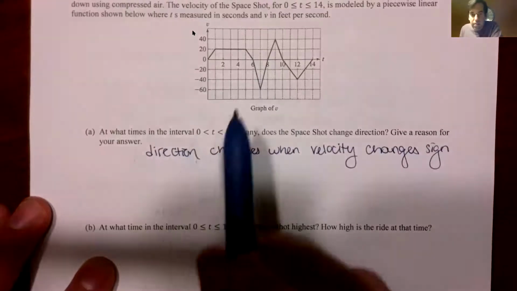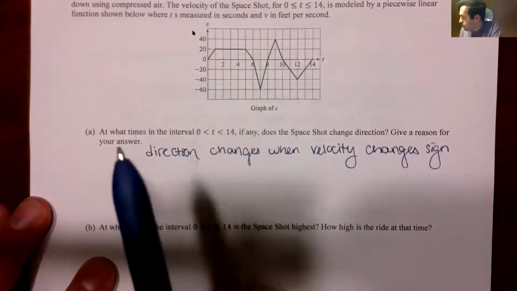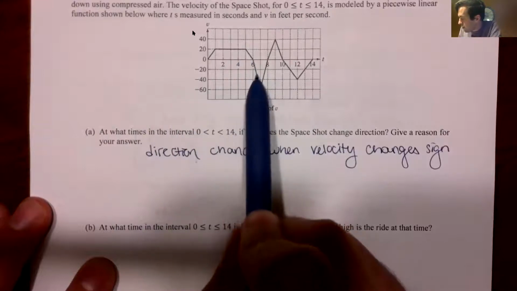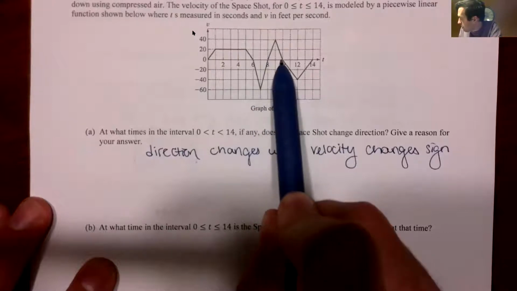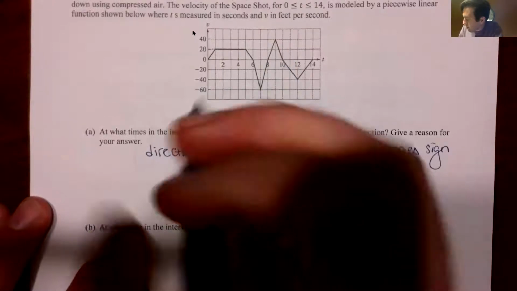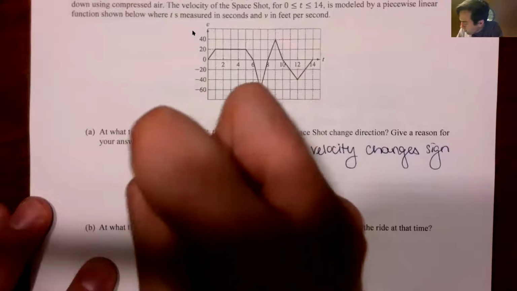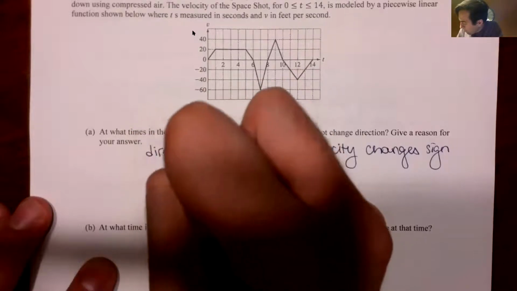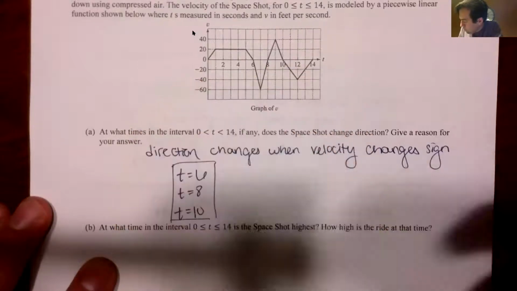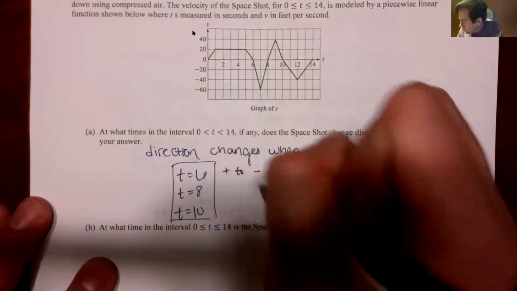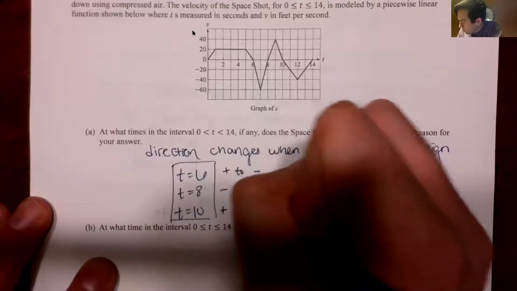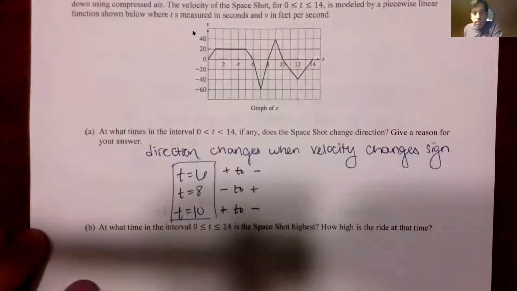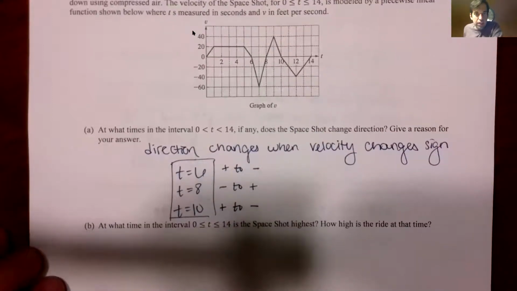And so if we look up at our graph, this happens when t is 6, change from positive to negative, when t is 8, change from negative to positive, and when t is 10, we change from positive to negative. All right, so that is when we change direction.